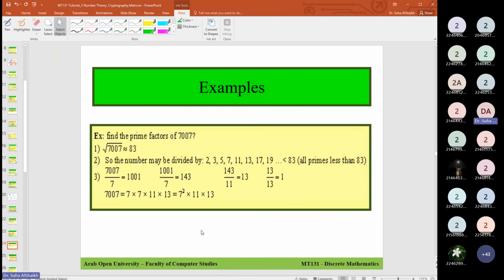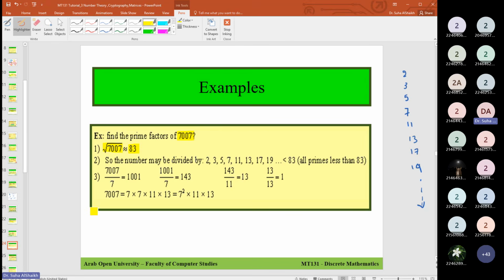One more example. We have 7,007. Now, for 7,007, if we list all the primes that we have, 13, 17, 19, and so on, okay? The root of 7,007 is quite big here.